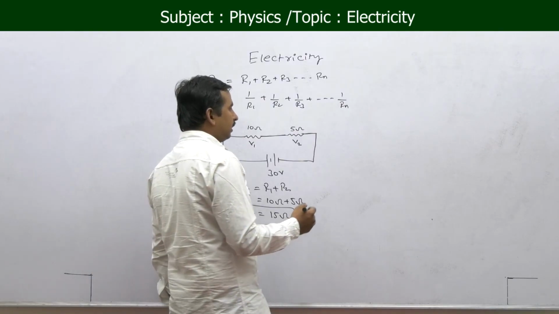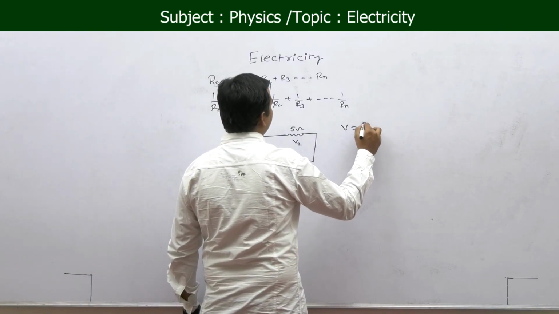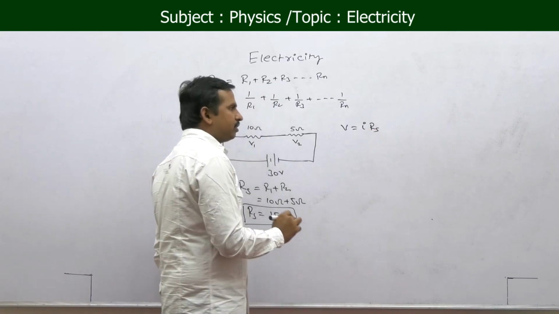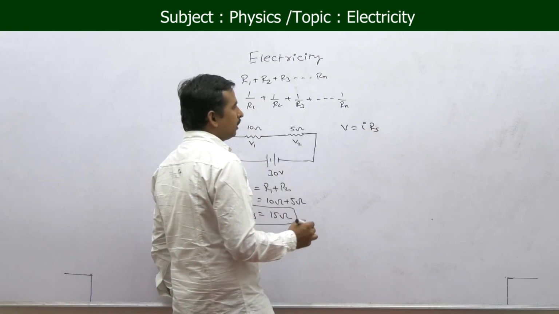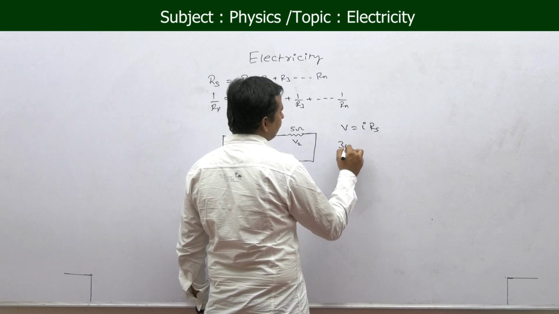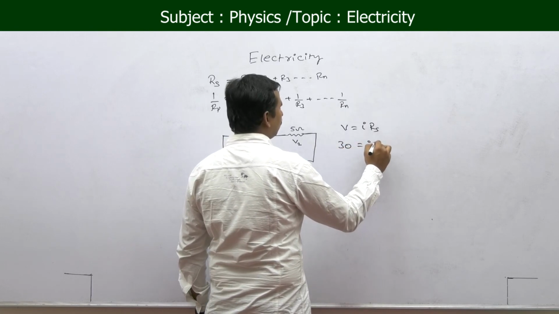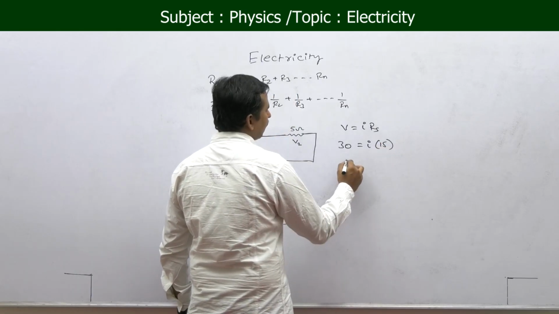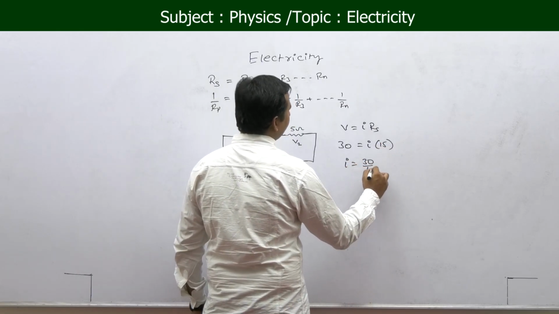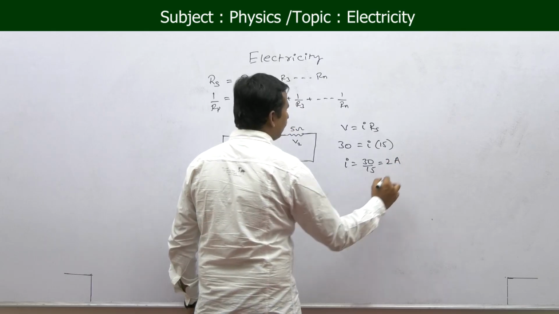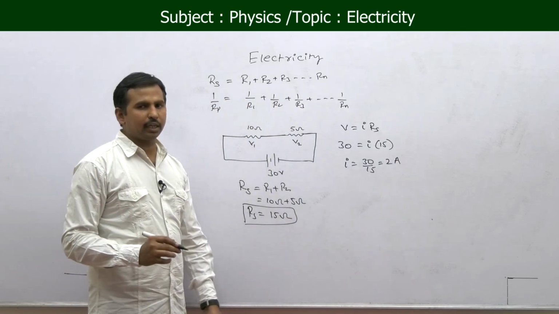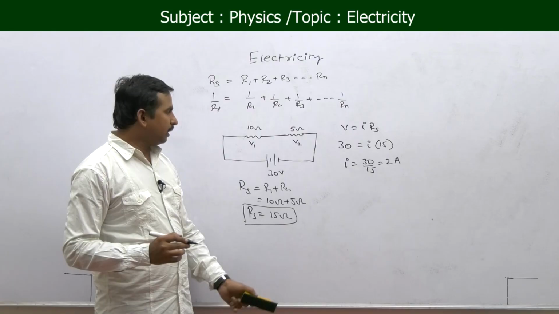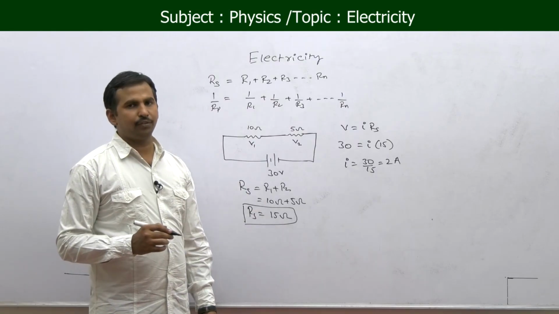Then for the total current, V is equal to I R, where here the equivalent resistance is Rs. The voltage given is 30 volts, the current we don't know, and the Rs value we got is 15. Then I is equal to 30 by 15, which gives you 2 amperes of current. Then how much are the values of V1 and V2?